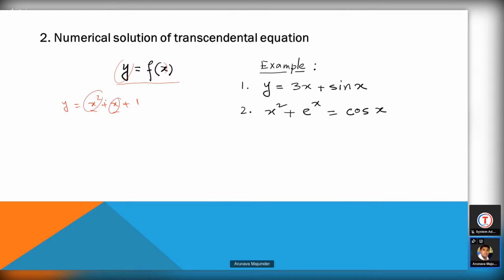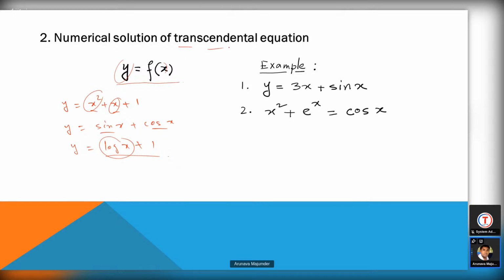If I use y equal to sin x plus cos x, this equation has only trigonometric terms. We can write y equal to log x plus 1. This is called a logarithmic equation since only logarithmic terms are there.